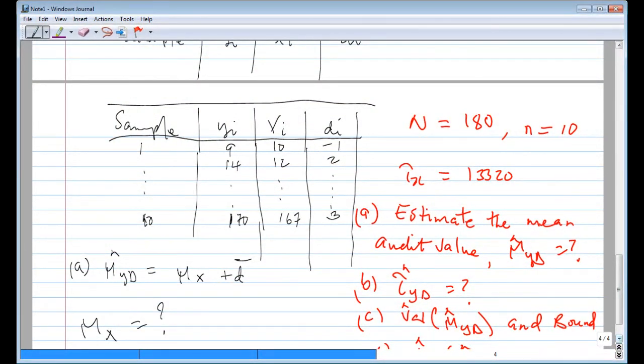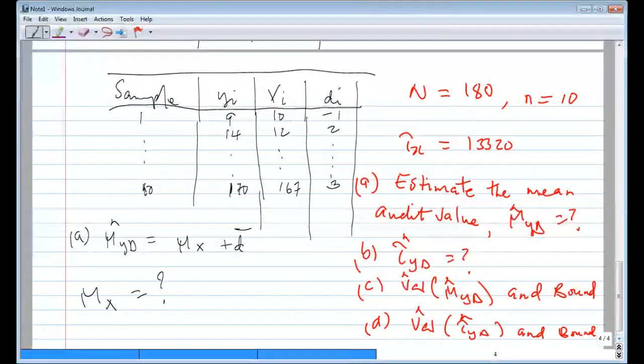You can tell me what is the mu x now? Tell me the formula first so that you can see where it is coming from. The sum is given by tau x, divided by the population size.